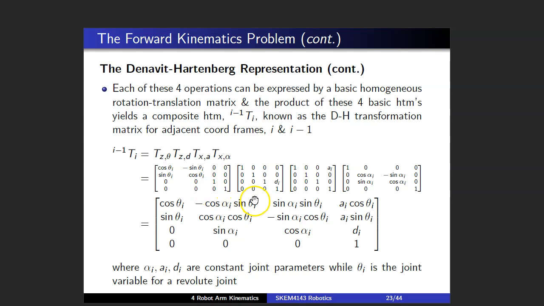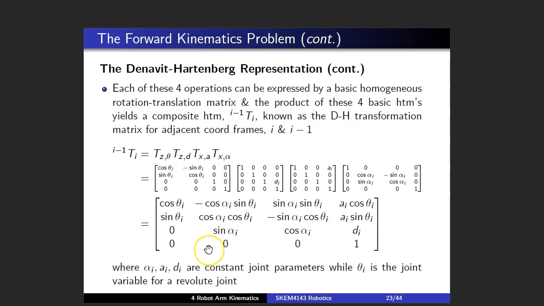This is translation in the z-axis. This is translation in the x-axis, and this is rotation about the x-axis. When we multiply these four matrices together, we end up with T i minus 1 i as given by this.